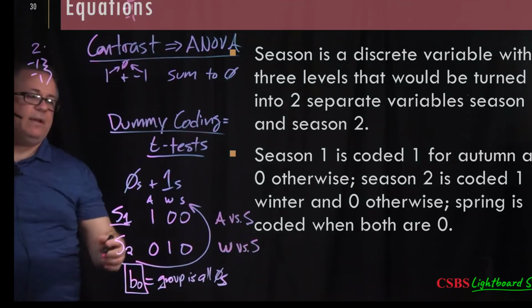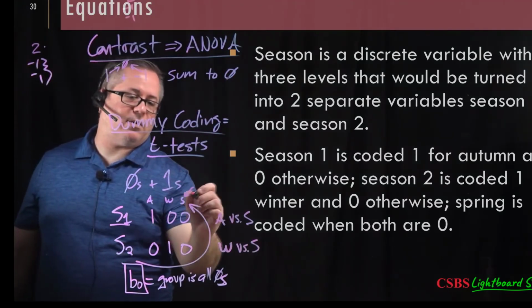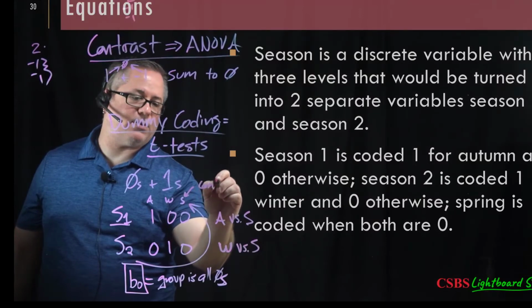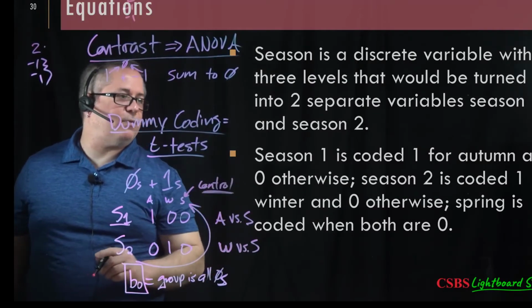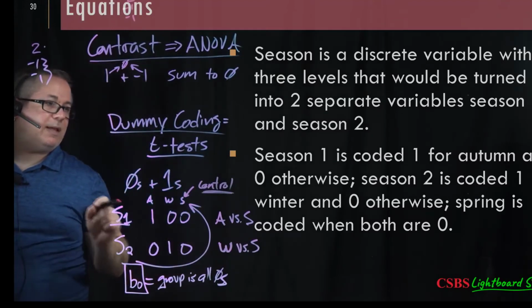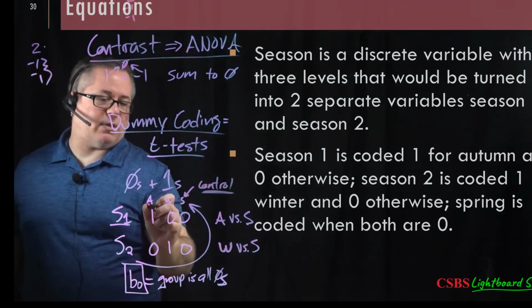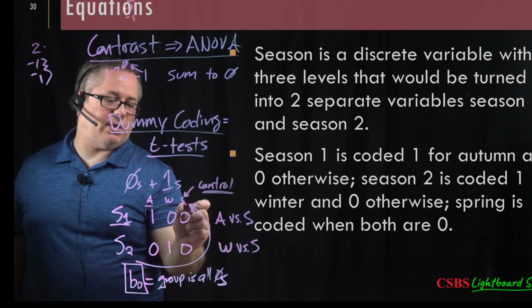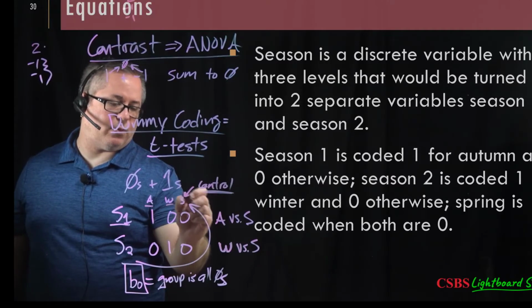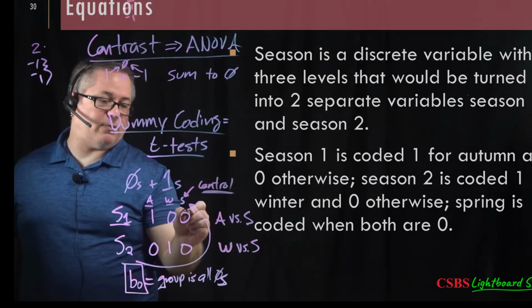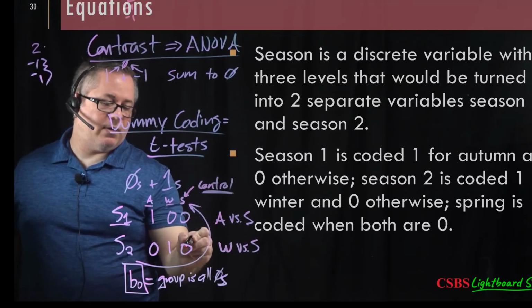We've actually designated that this is our control group or comparison group, whatever word you want to use. This is the comparison group that we've identified, and we're comparing both the autumn skiing to spring and winter skiing to spring. We're using spring as our control. I know that because spring has got both zeros.